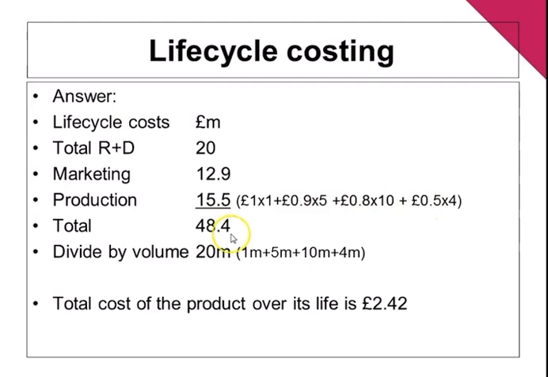That gives us a total cost of 48.4 billion. You divide that by your unit volume over the 4 years, and so it's very simple. The cost of the product over its life is £2.42.